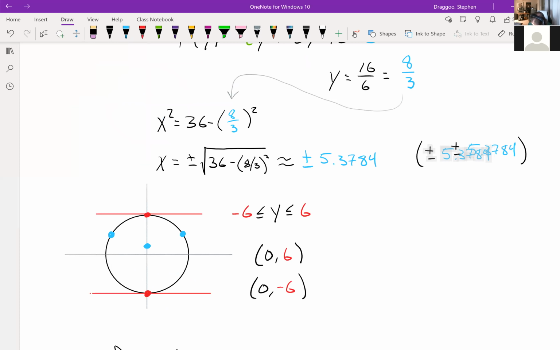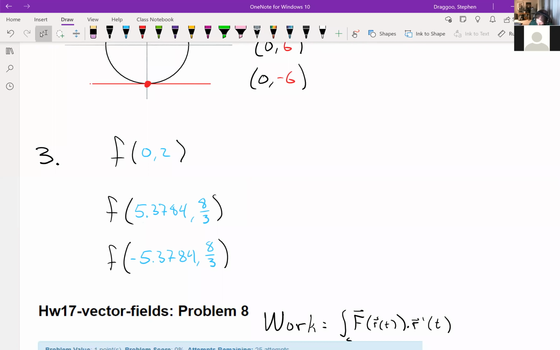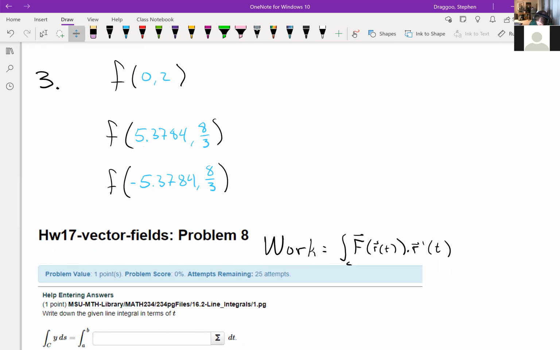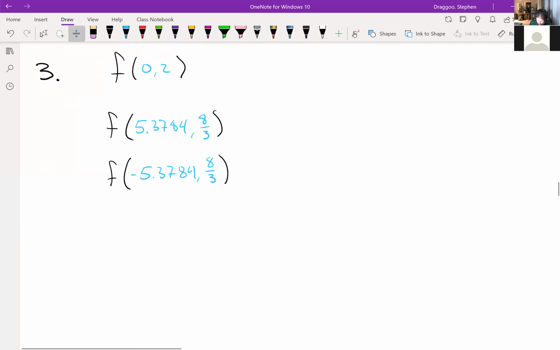Just take this and scooch it over. 8/3. There we go. That looks a little better. And oh, hey, look, we've once again run out of space. All right, and then also finally, I want to look at f of 0, 6 and f of 0, -6.